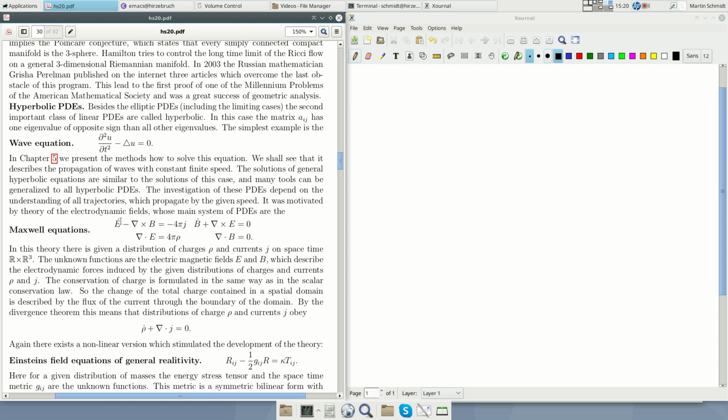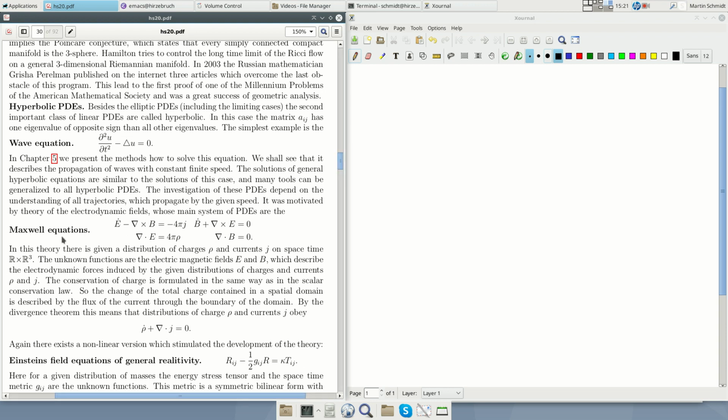There was also an example for a system which motivated the investigation of such wave equations, or in general of hyperbolic PDEs, and this is the theory of electrodynamics.